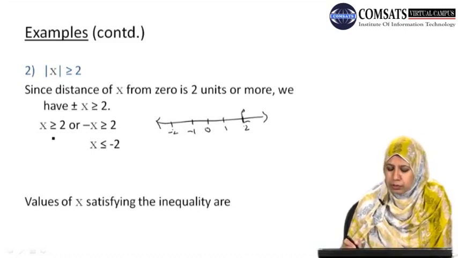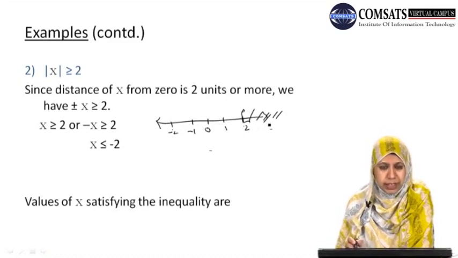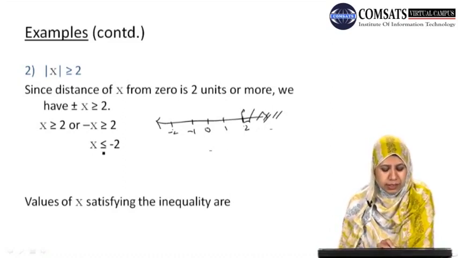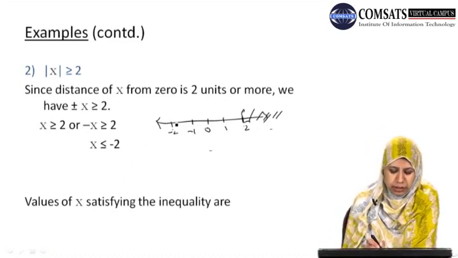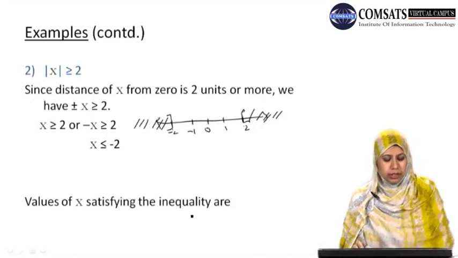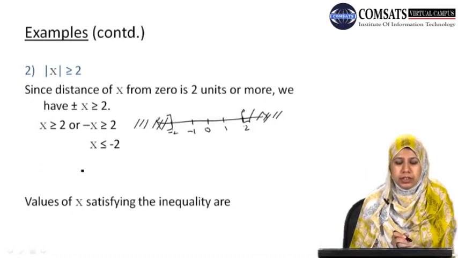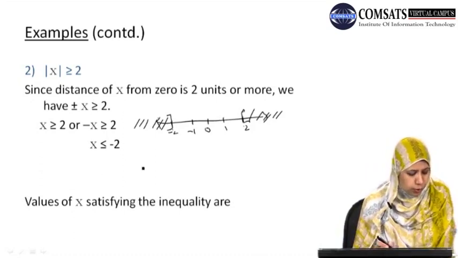The second possibility says that x is less than or equal to minus 2, that is including minus 2 and all the values below it. So here we have our solution in the form of two intervals, that is the union of two intervals.